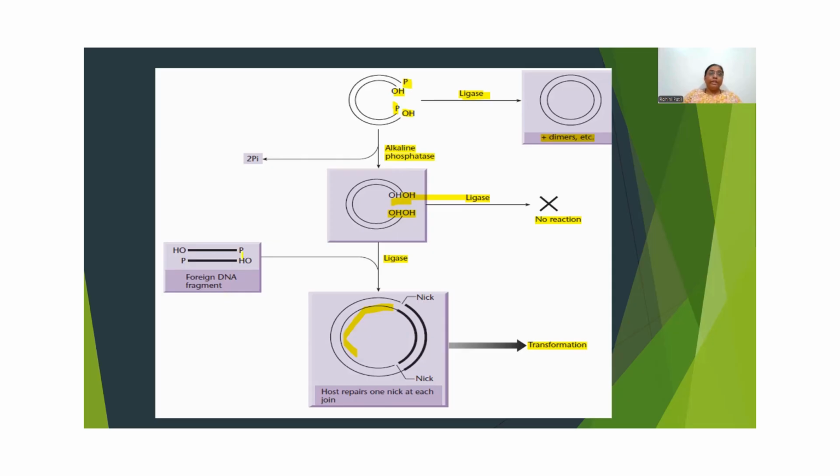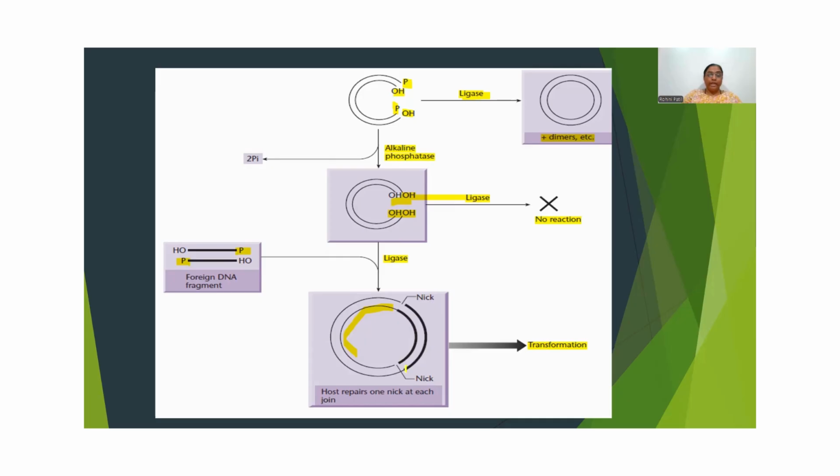In the foreign DNA molecule, there is a phosphate at the 5' end, and here it is an OH. When you add such a DNA fragment to the vector and allow it to get ligated, this phosphate can form the phosphodiester bond with the 3' end.